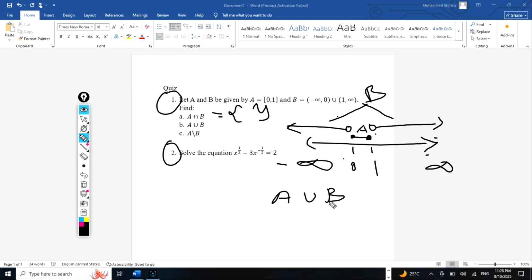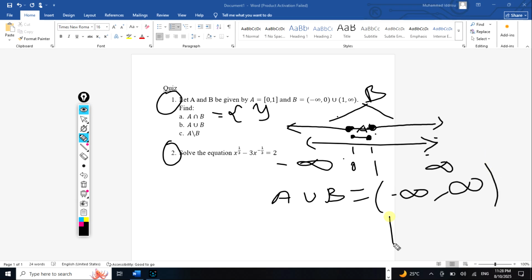So now from negative infinity we can see that because it is union, if we take this guy, this is the A, let's join the two, and you see from here this will be shaded because it is part of A, and we join it to this one to be shaded. So it's just from negative infinity to infinity. So the union is just from negative infinity to infinity.